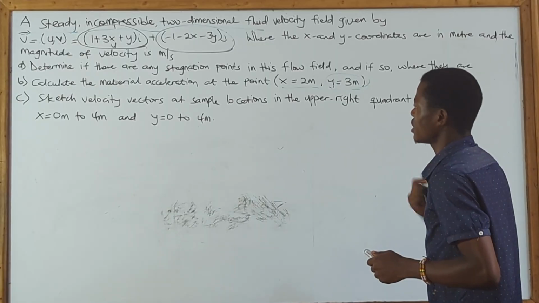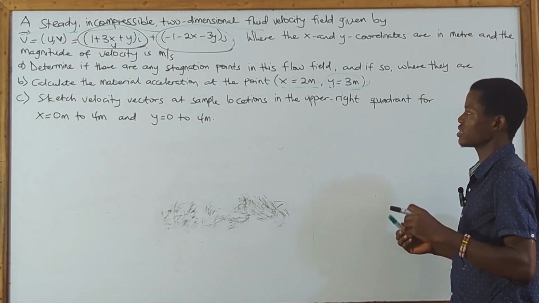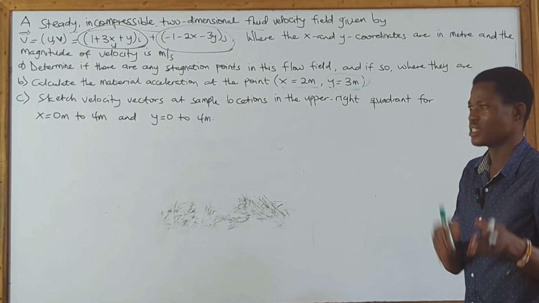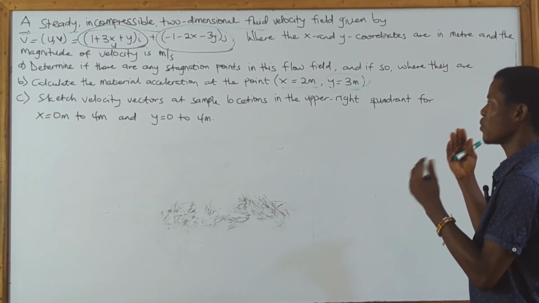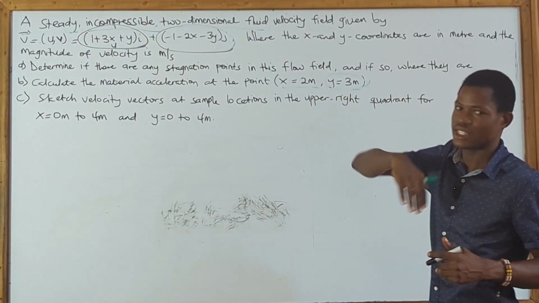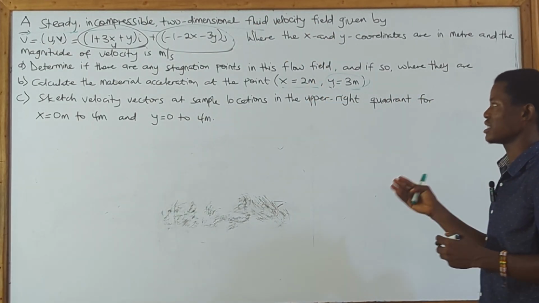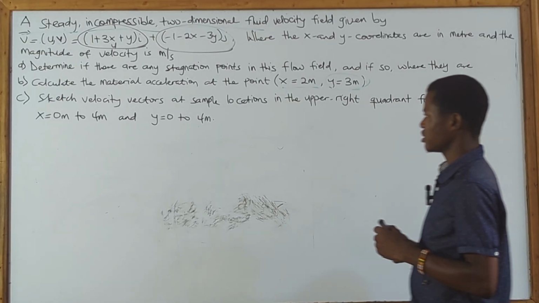We have to resolve it in components, in the x direction and the y direction, but because it's two-dimensional, we are not going to resolve it in the z direction, just x and y. So it has made our work simpler.